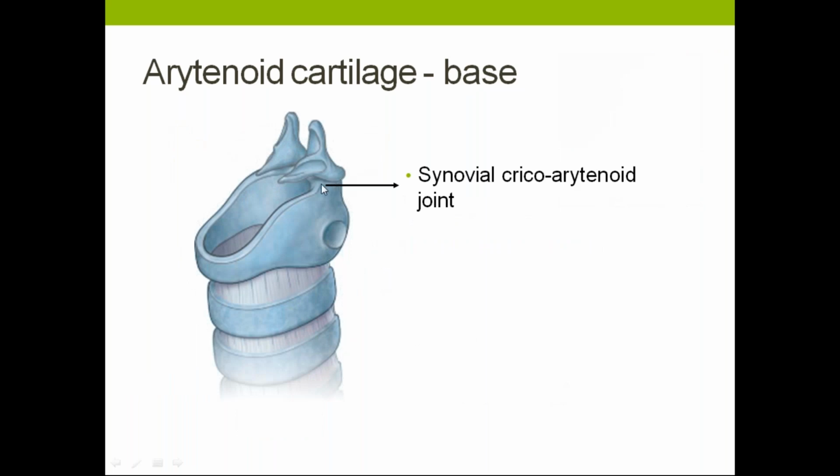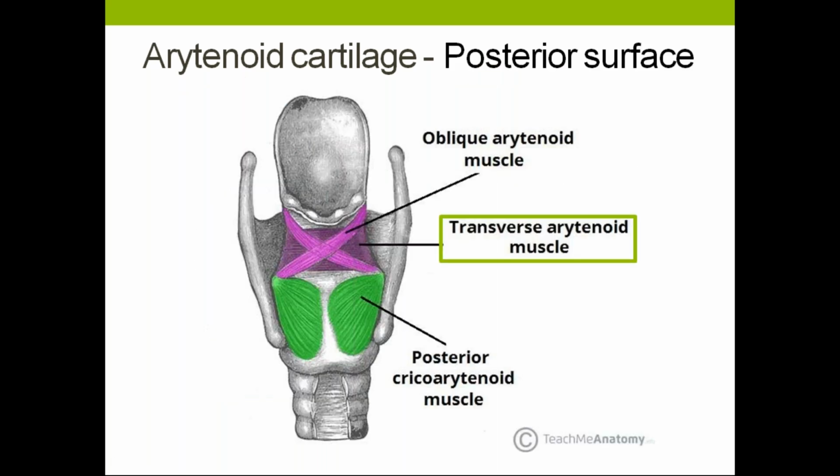The base articulates with the lamina of the cricoid cartilage to form the synovial cricoarytenoid joint. Next we'll go on to the posterior surface of the arytenoid cartilage. This is just another picture. You can see the epiglottis here, the thyroid cartilage here, and this is the lamina of the cricoid cartilage.